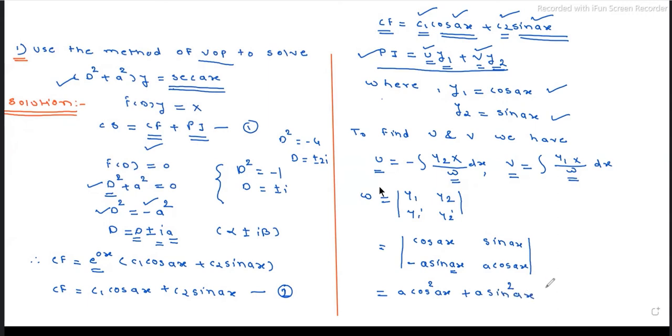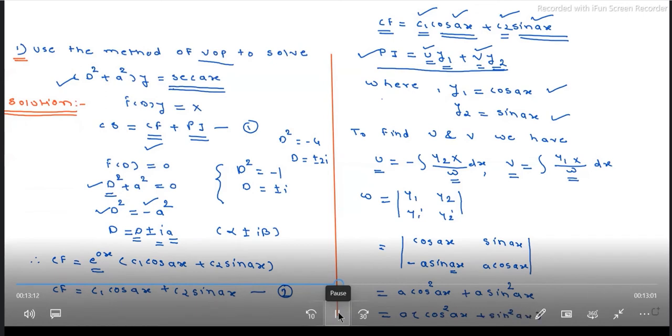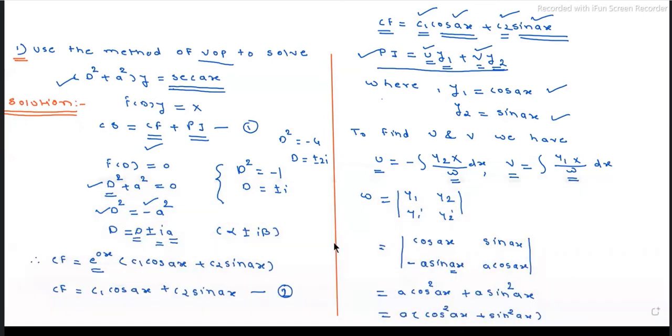Is it okay? क्रॉस मल्टीप्लिकेशन होने के बाद बीच का become plus. Now a can be taken common and we are left with cos square ax plus sin square ax. Okay. Now sin square ax plus cos square ax, you know that it's 1. So we get Wronskian W is equal to.